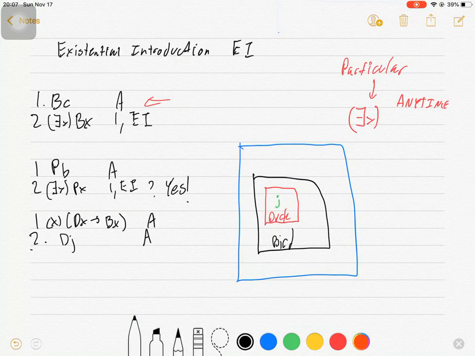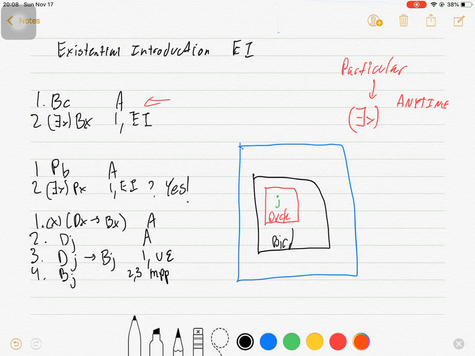So let's go ahead and use UE. For UE, that gives us DJ arrow BJ. This is coming from 1 UE. Using MPP, we can get BJ from 3 and 2 MPP. Namely, we can get the claim that Jumpy is also a bird, which follows because ducks are nested within the bird box over here.